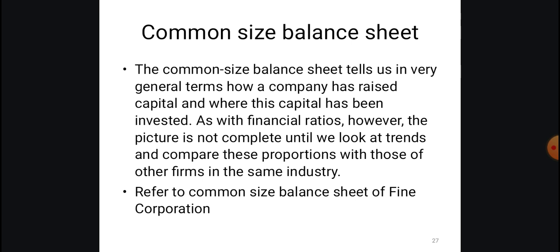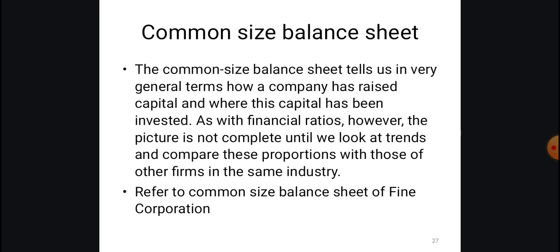So in the balance sheet, the benchmark is total asset or total liability and shareholders equity. So these values are given 100 and the others are components of this. So relative to this benchmark, each and every component will be evaluated.